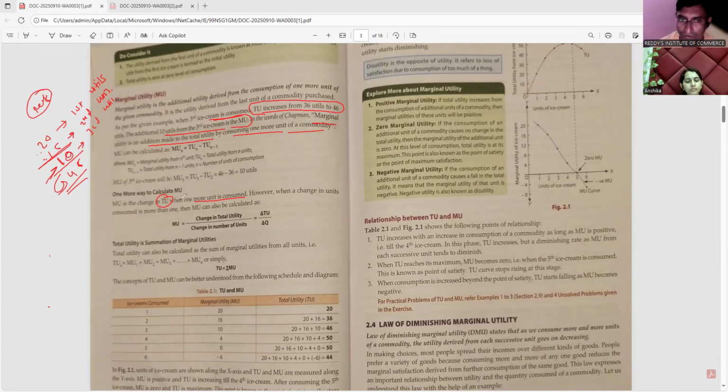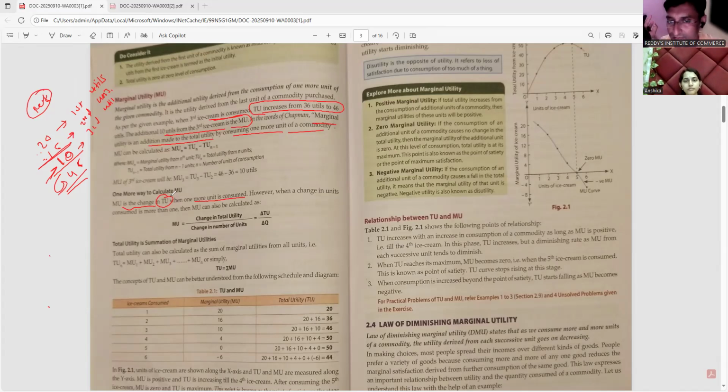Just keep this formula in mind: MU will change when TU changes. Got it? Marginal utility will change when total utility changes, but total utility will change when one more unit is consumed. Are you getting my point? Whenever you consume more units again and again, you get more satisfaction.